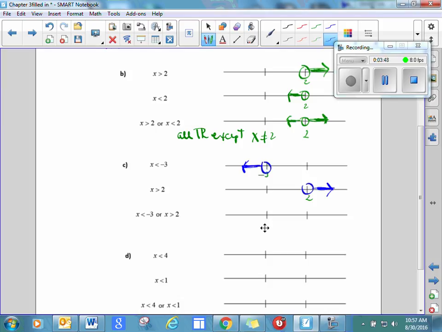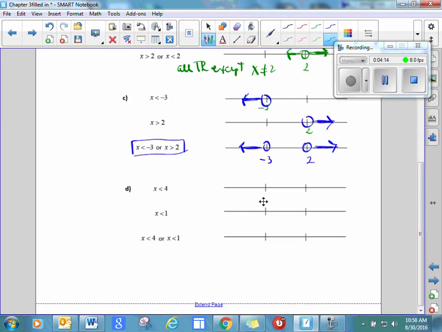So that includes all of the points going this way from 2. And it also includes all of the points going this way from -3. And there's not a fancy way to write this. This is really the way we write it when you have an "or" situation.